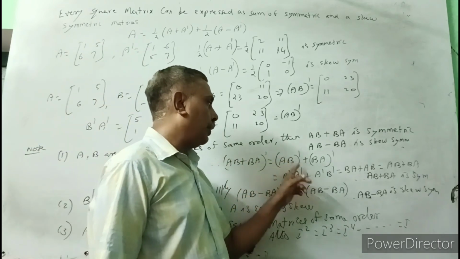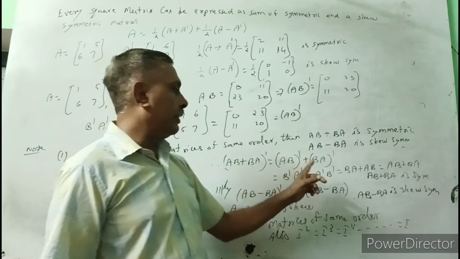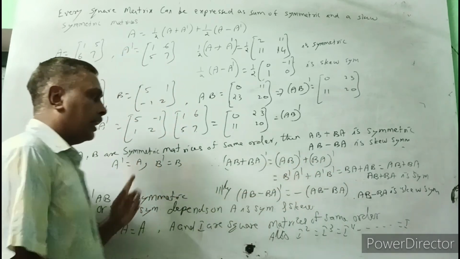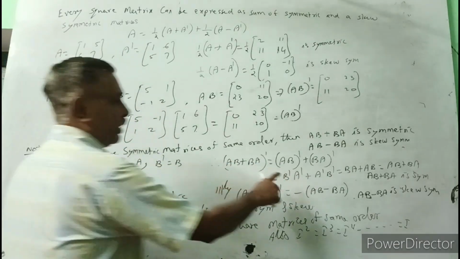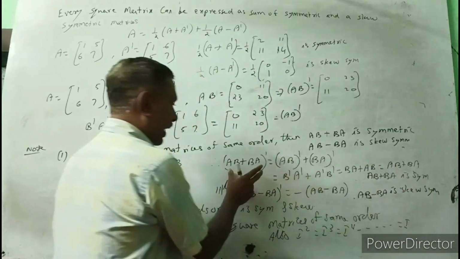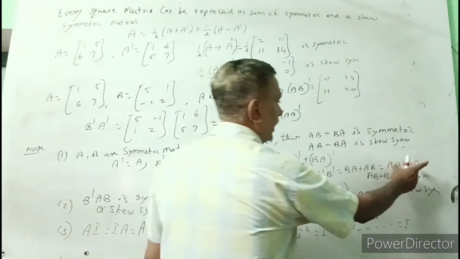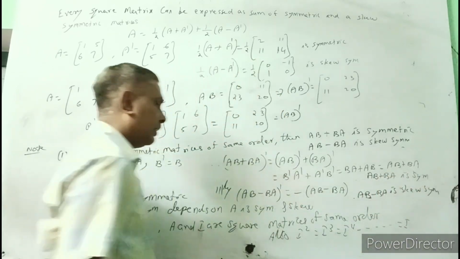And B transpose into A transpose, here I use the property. Then B transpose is B and A transpose is A. Use that result and simplify, and you will get the same expression. So we can say AB plus BA is symmetric.